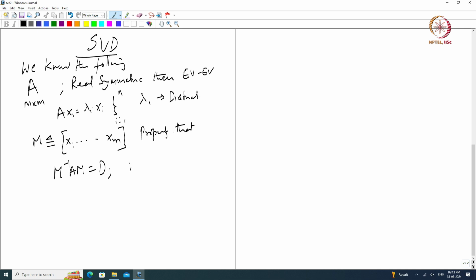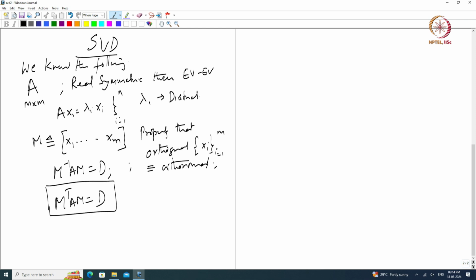In this case, since the set of eigenvectors corresponding to distinct eigenvalues for real symmetric matrices is orthogonal, we can even make it orthonormal, in which case M transpose A M is D.